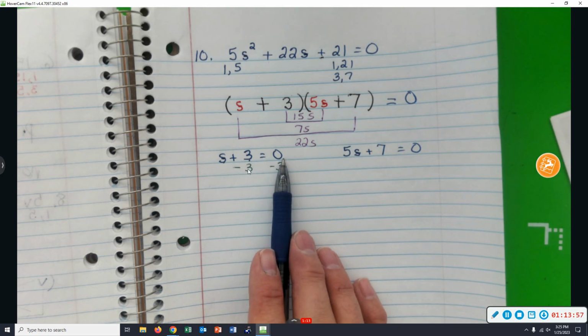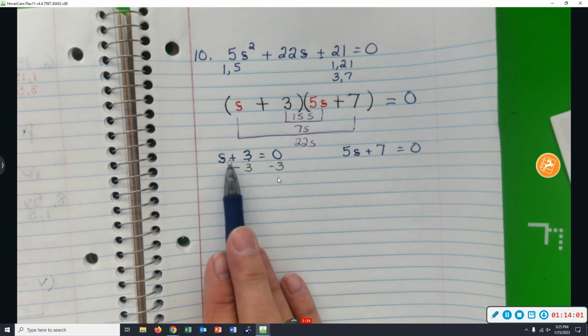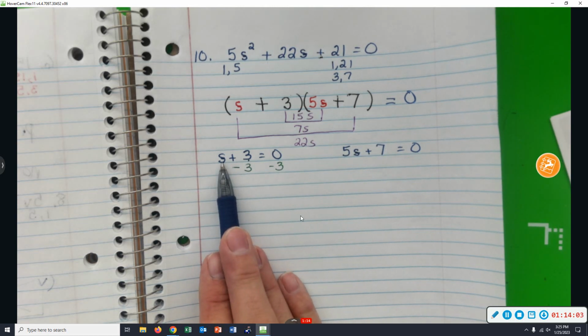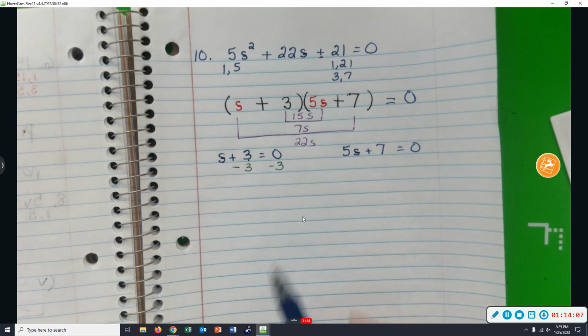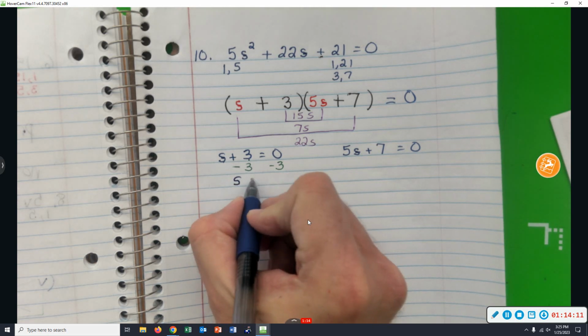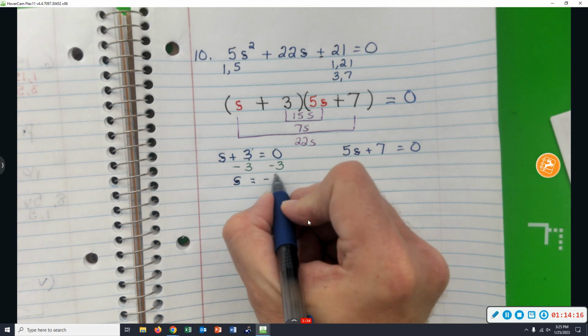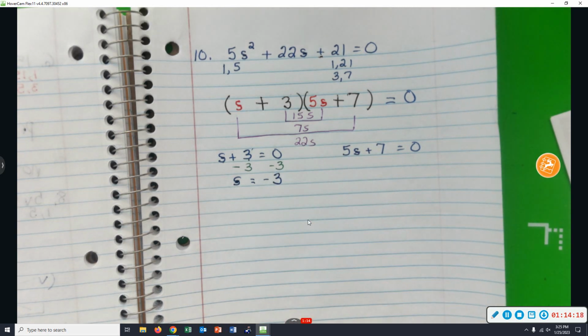If you take away 3 pounds from the left side, you've got to take away 3 pounds from the right. So subtracting 3 would give me just s equals negative 3.